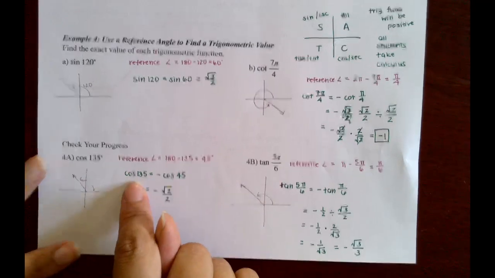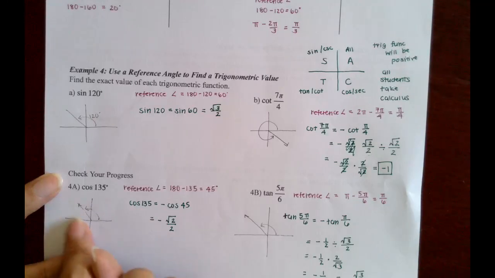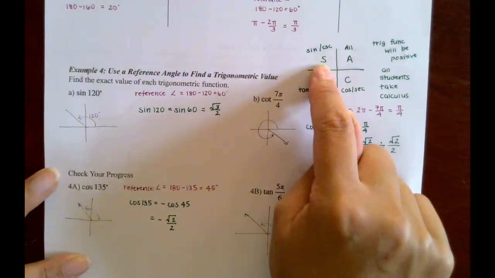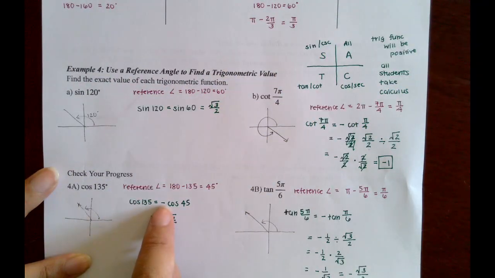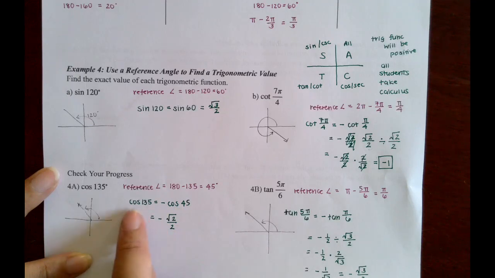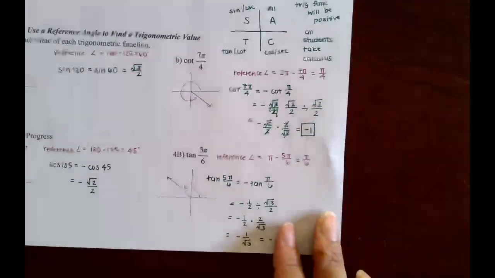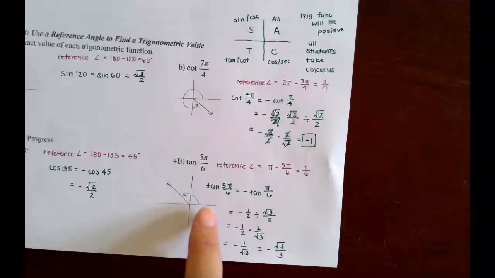Cosine, however, in quadrant 2 is not positive, right? Only sine is. So that's why it's going to be the negative of cosine 45. And then cosine 45 is square root of 2 over 2, so that's why it'll be negative square root of 2 over 2.